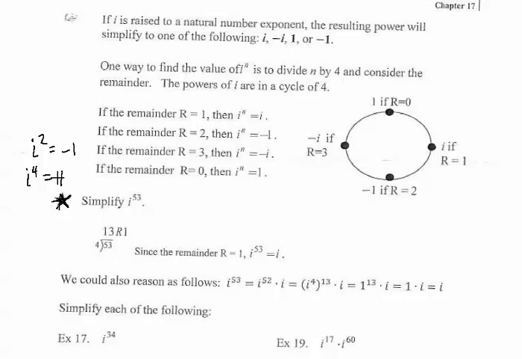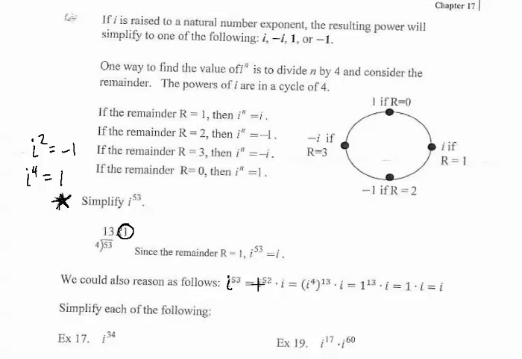So by using i to the 4th instead, all we really need to do is figure out what the remainder is going to be once we divide out these i to the 4ths. Okay, so for instance, if we look at this i to the 53rd power that they've given us, then we say that 4 goes into 53 13 times and leaves a remainder of 1.